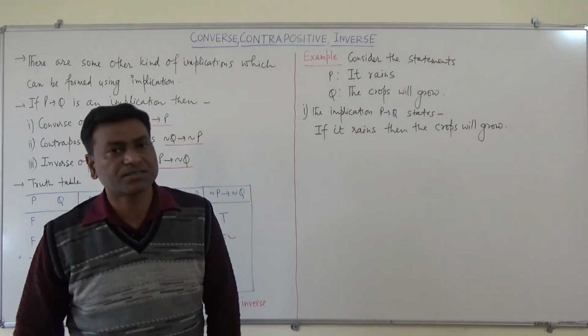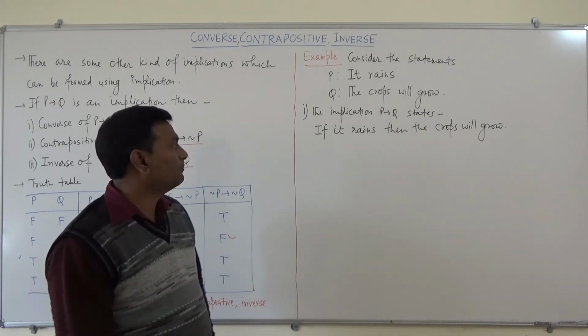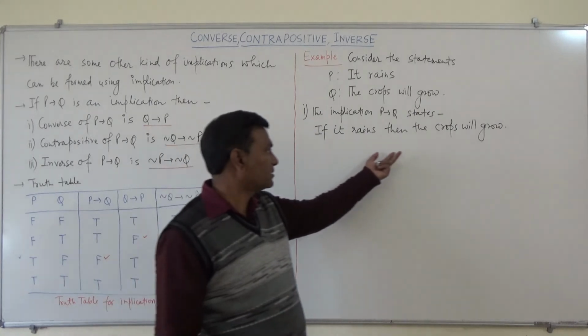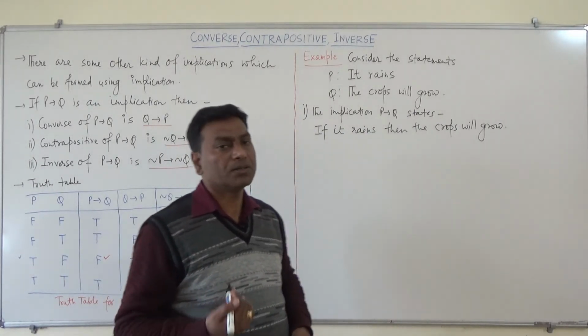So this is the first implication, P implies Q. If it rains, then the crops will grow.